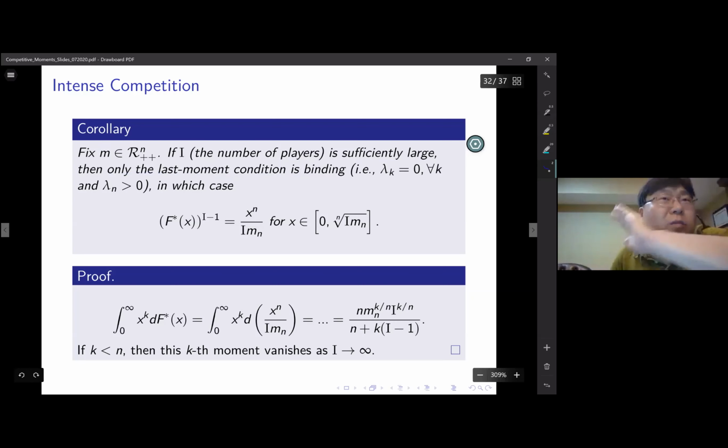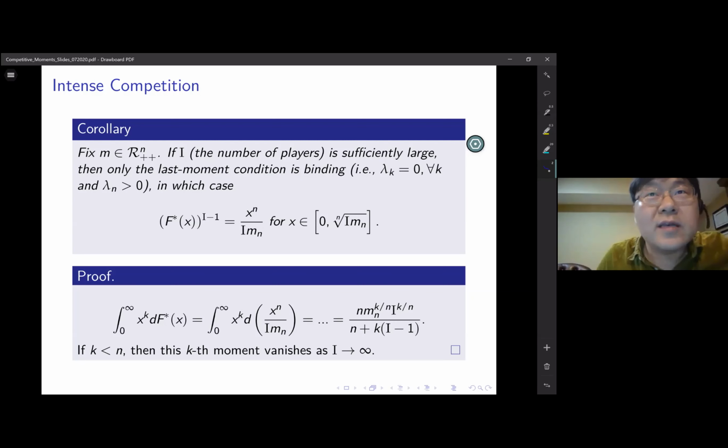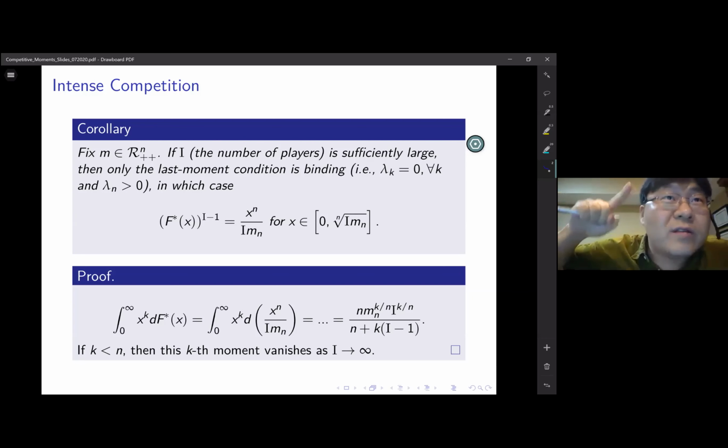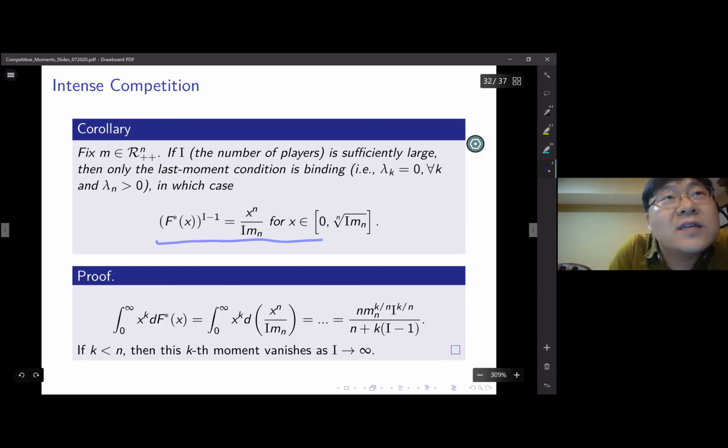So all other moments don't matter. Only the nth moment is going to bind. That is the case where only one lambda is positive, so we can actually get a Crawford solution, which is this. Okay, and technically, you can get these results just by calculating the kth moment from this distribution.